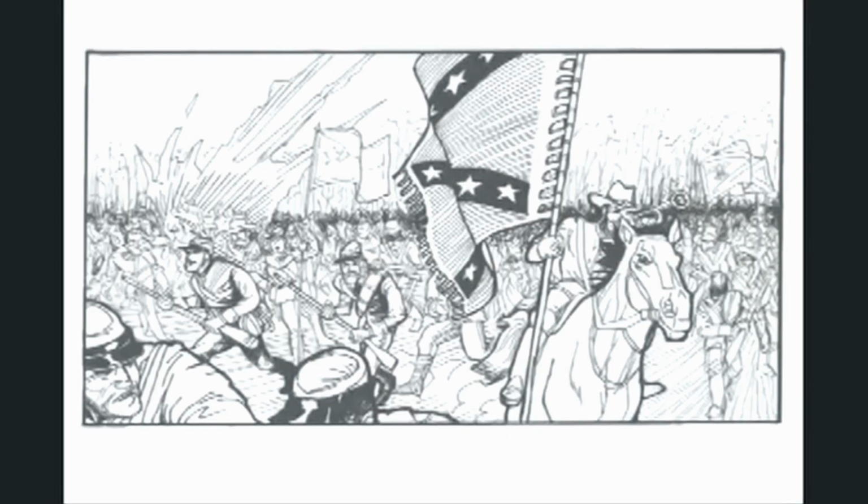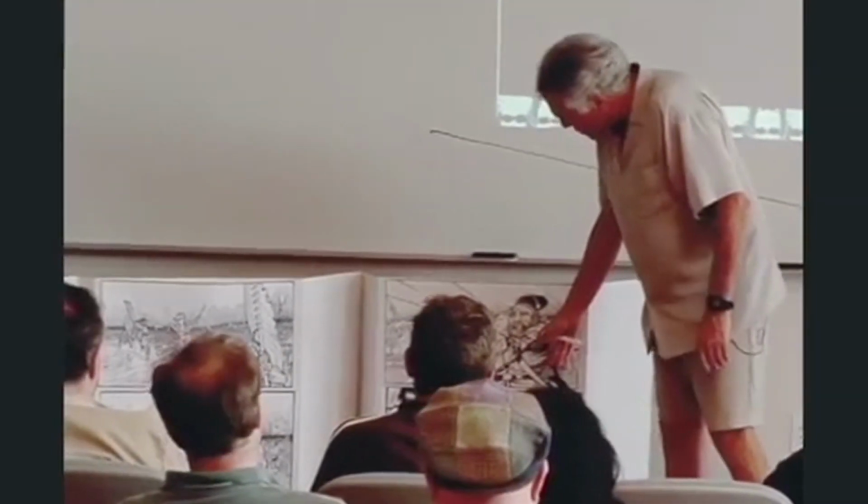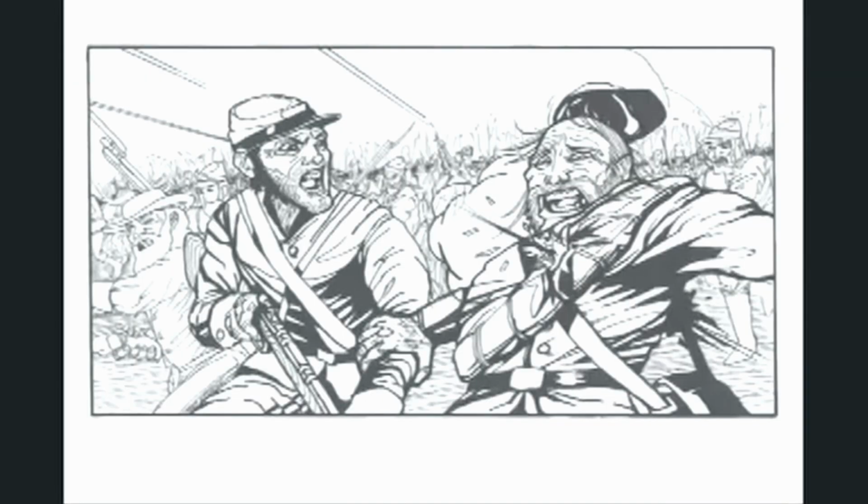So we back up, and they come closer, and here we begin to recognize our two main characters, Jake and Elroy, and now here they are in the middle of the charge, yelling and screaming as they charge the Union middle. Now we're backing up in front of them, and now Elroy gets shot.